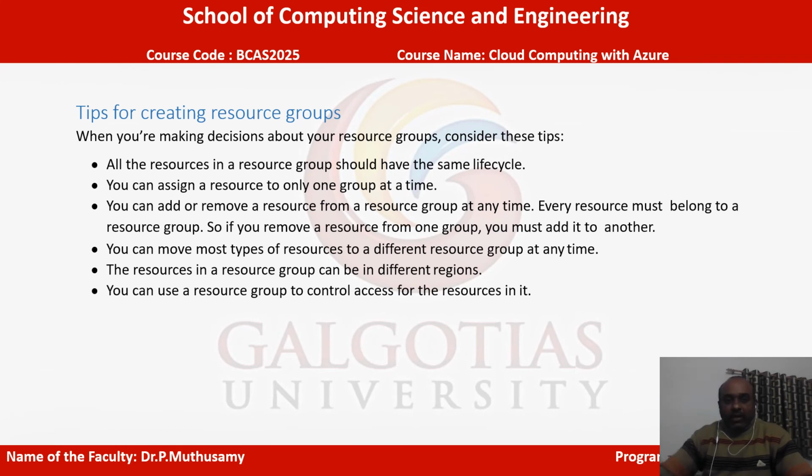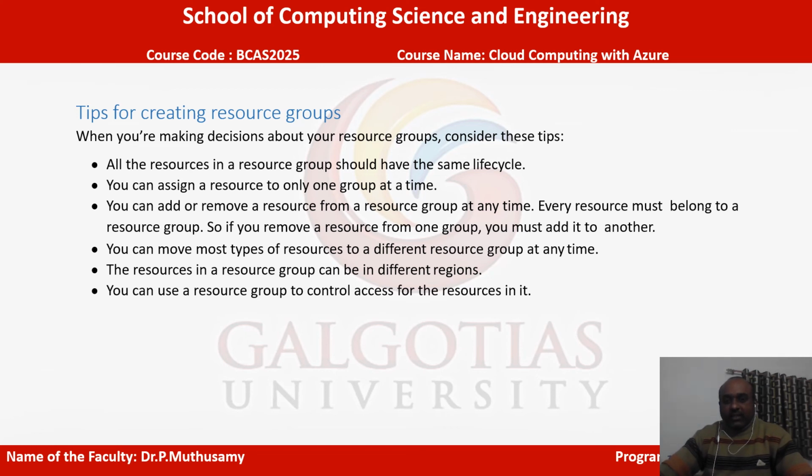Now, tips for creating resource groups. When you are making decisions about your resource groups, consider these tips. All the resources in a resource group should have the same life cycle. You can assign a resource to only one group at a time. You can add or remove a resource from a resource group at any time.